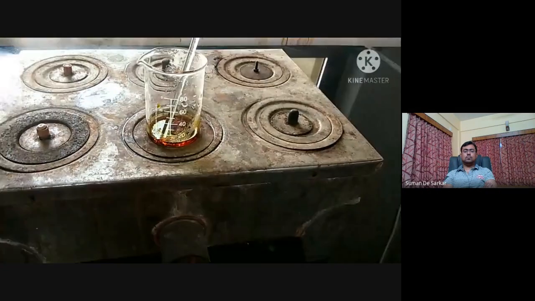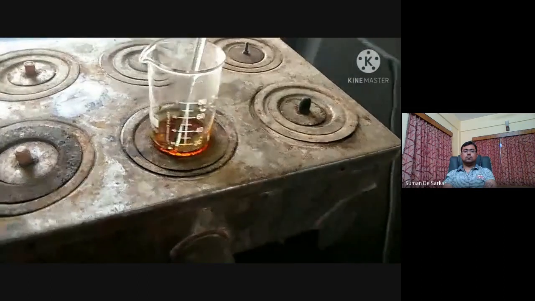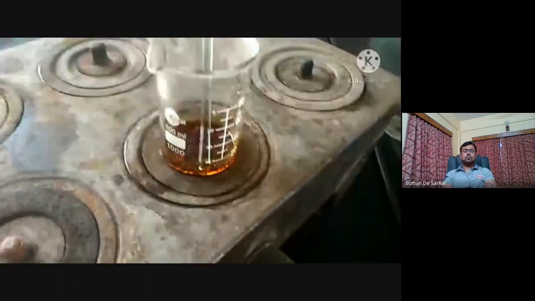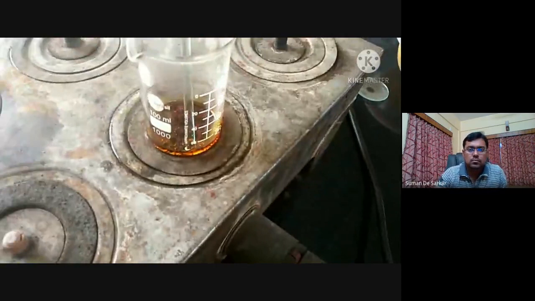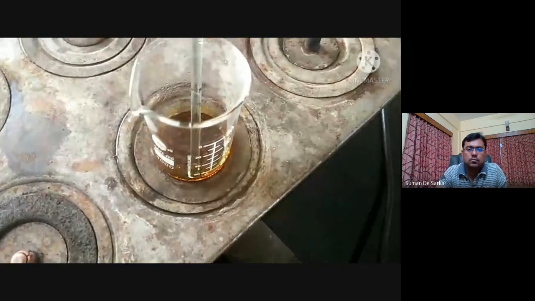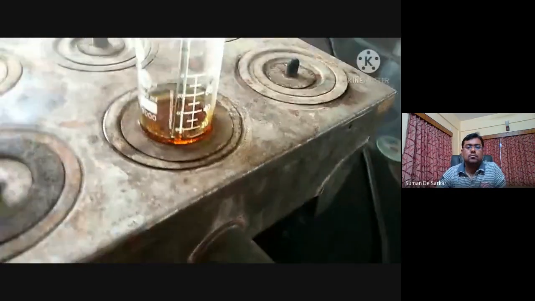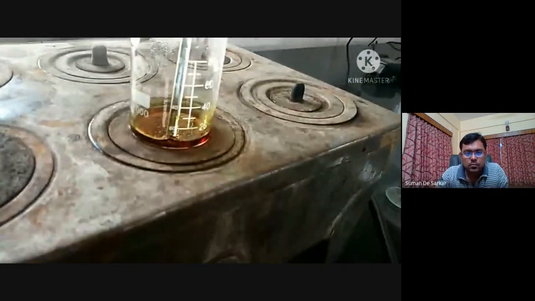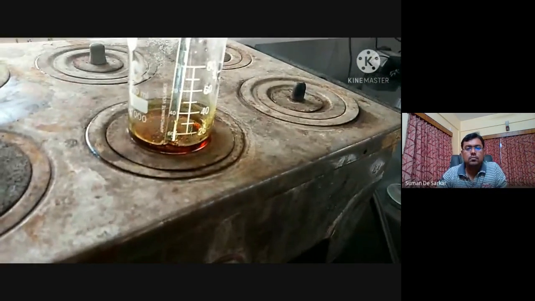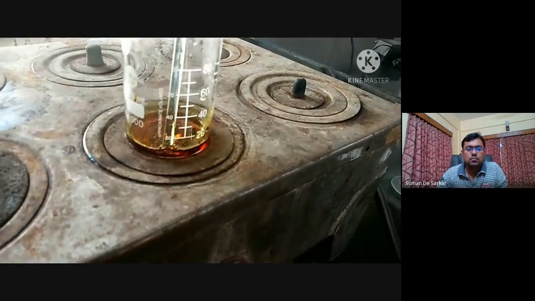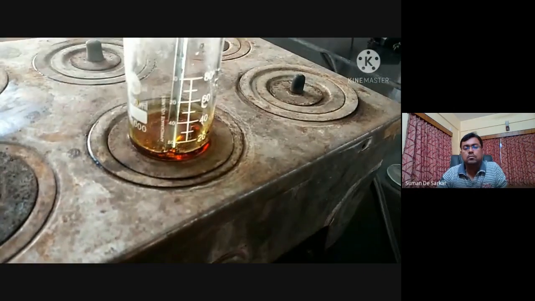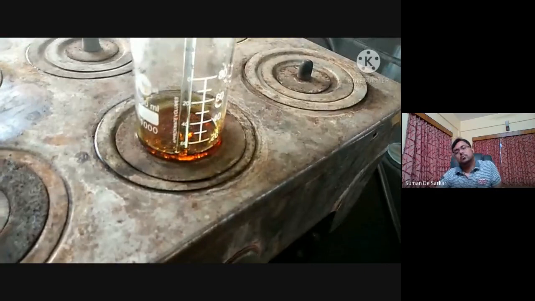You can see this viscous liquid now is turning into a transparent solution, and the color is also getting a little bit darker. So we'll continue for 10 to 15 minutes and then take it out and do the rest.